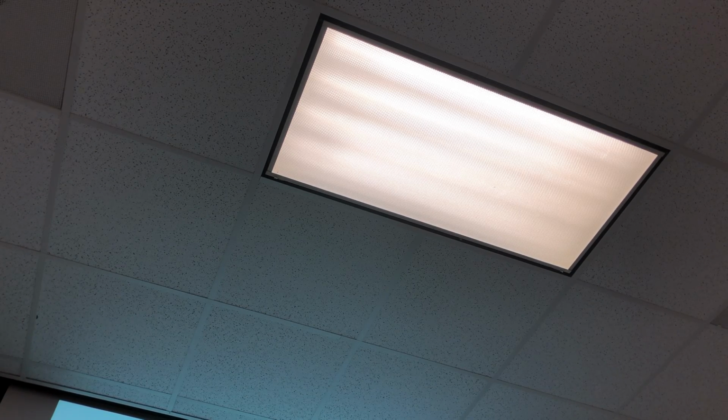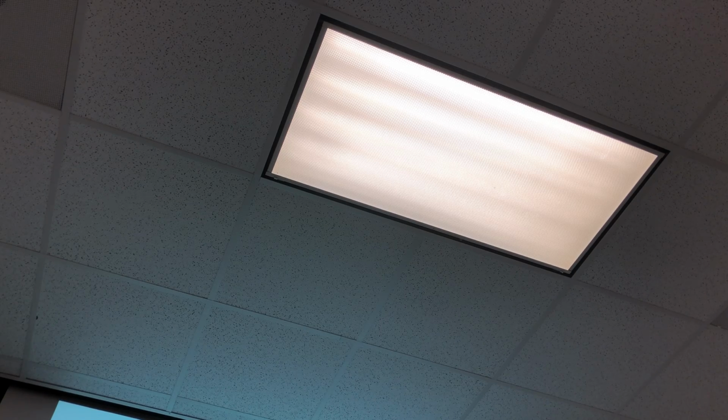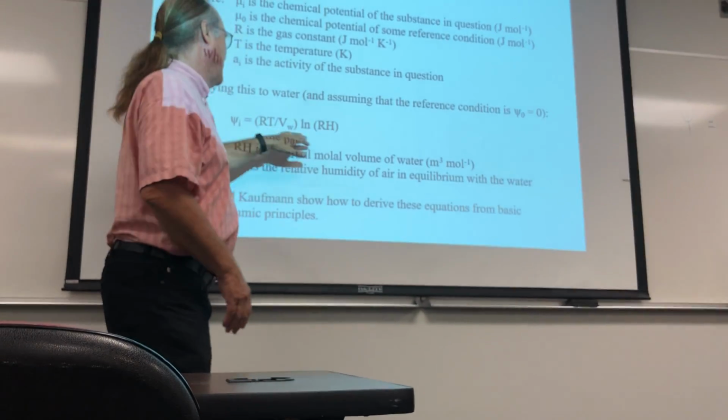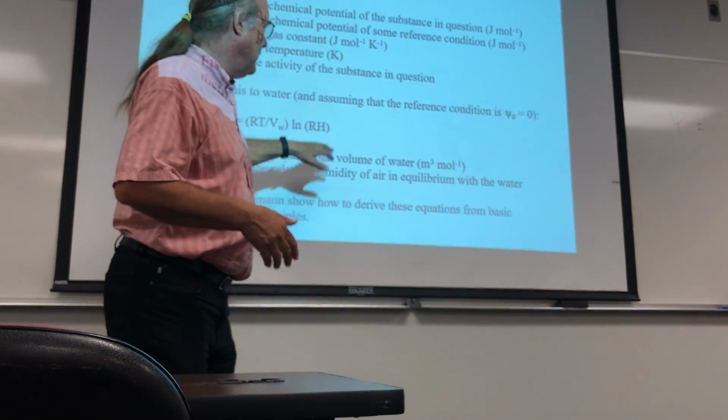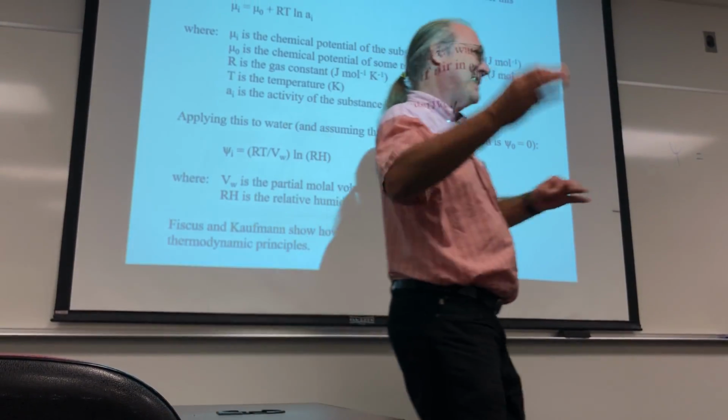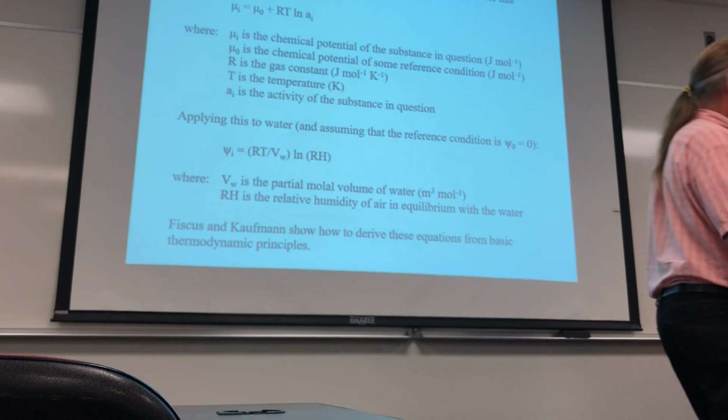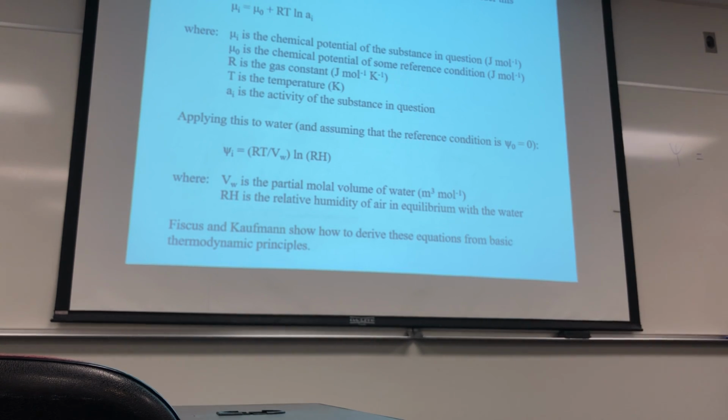This equation isn't very useful for us in plant systems. It's useful in making measurements of water potential, but it doesn't really help us describe, say, movement of water from one place to another.